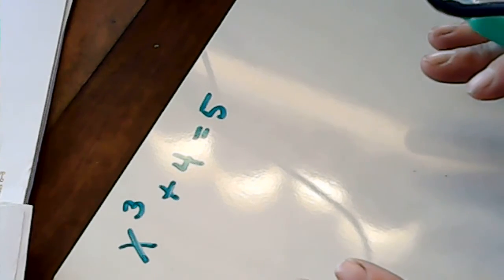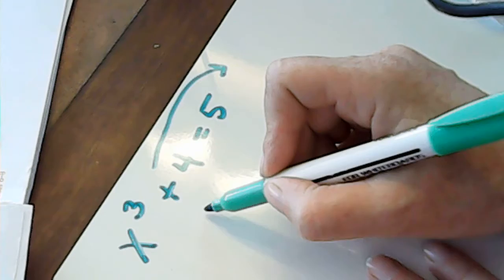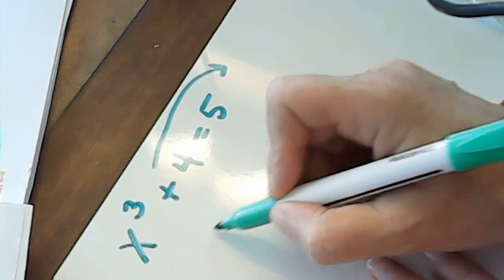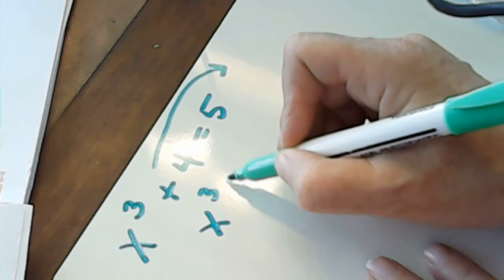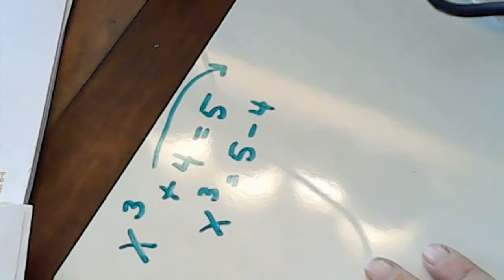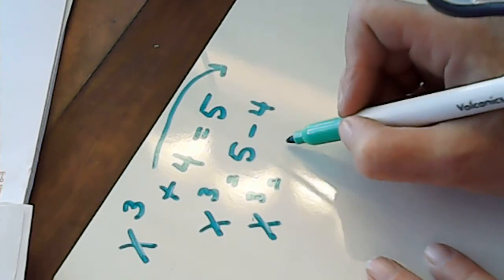Now we've got a cube in here, but we're going to do all the same process. I'm going to do my algebra first. I'm going to move this positive 4 over the bridge until it becomes a negative 4. So we've got x to the third power equals 5 minus 4, which is 1.